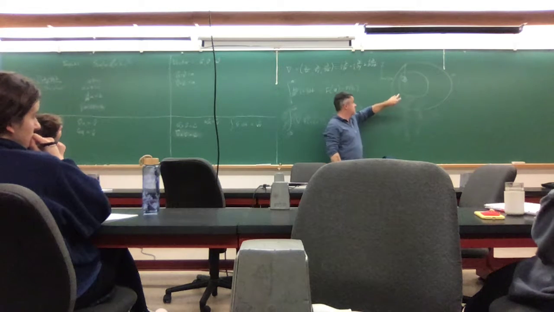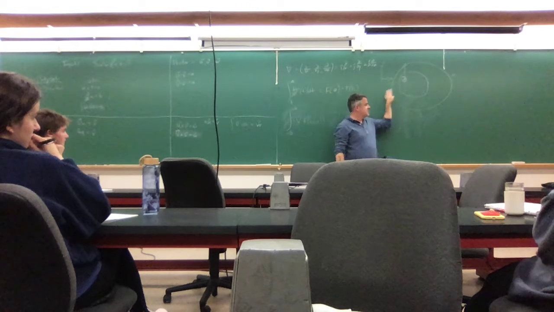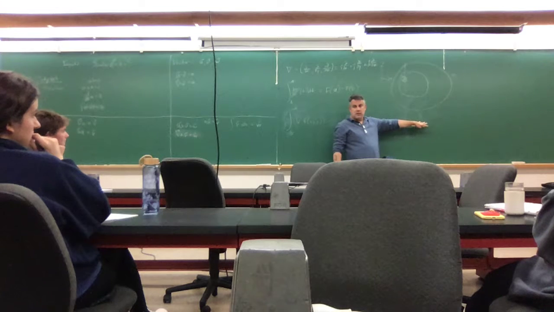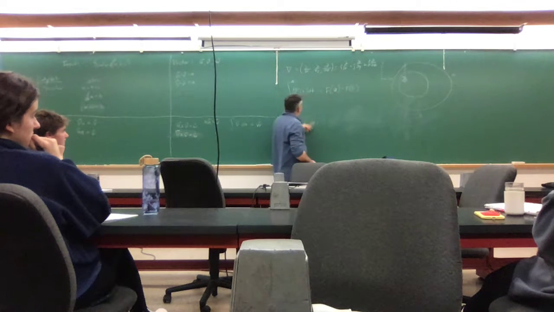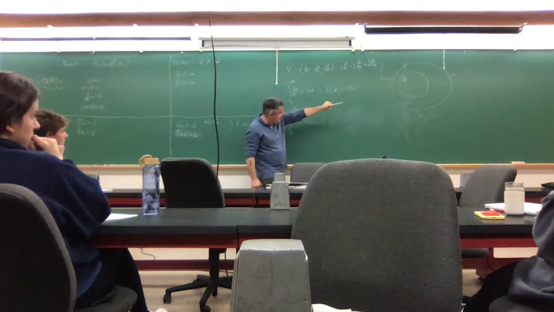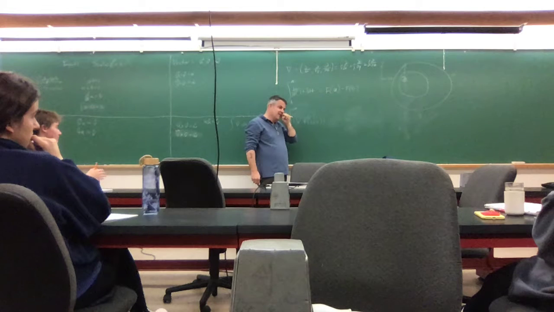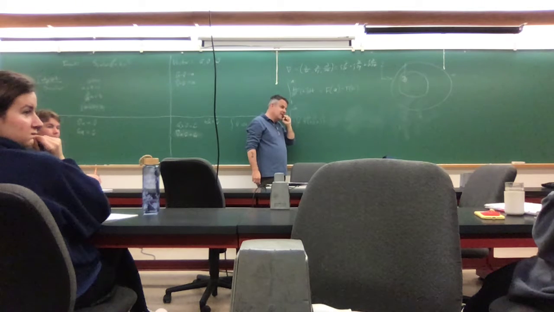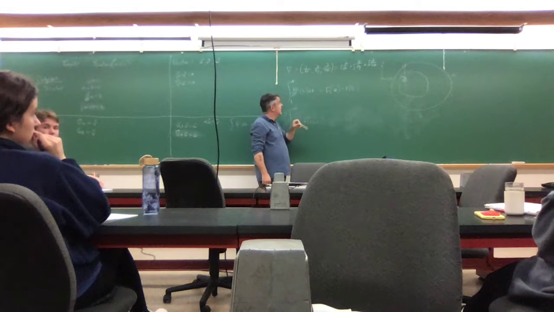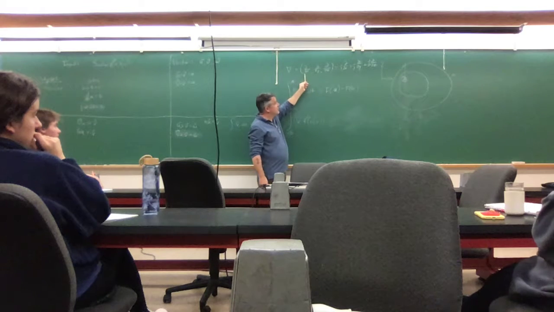Everybody understand what I'm doing? So this is a high, and it's decreasing like this. Where is the gradient on that? How do I draw the gradient on that map? It's perpendicular to the contours. How do I see that from this formula?